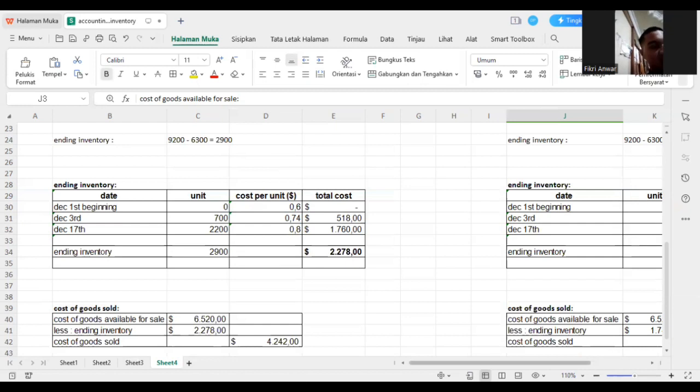it's now $6, and the total cost is. On the 3rd of December, we have 700 units, and for cost per unit, we have $74. And the total is $518.